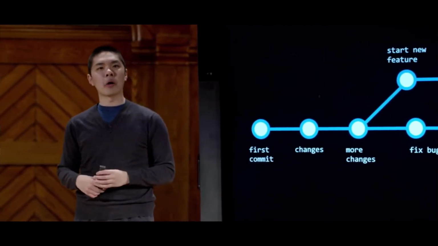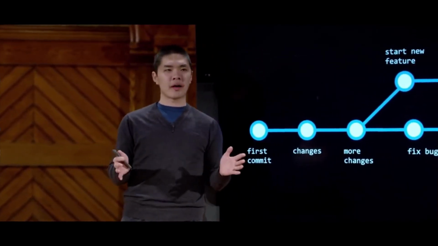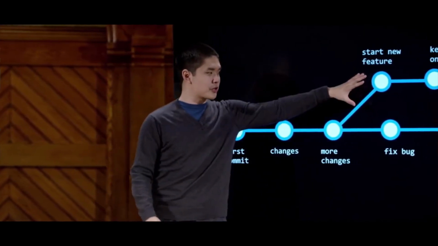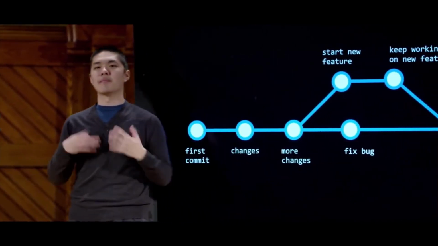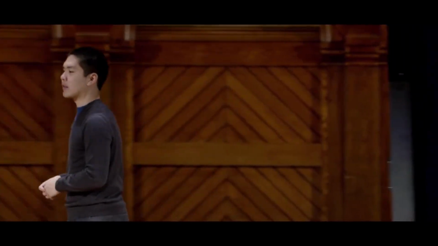And that's the real power of Git branching, this ability to say that I would like to be working on multiple things simultaneously and be working on a feature without disrupting the master version of the code. So let's now take a look at an example of how we might go about doing that.